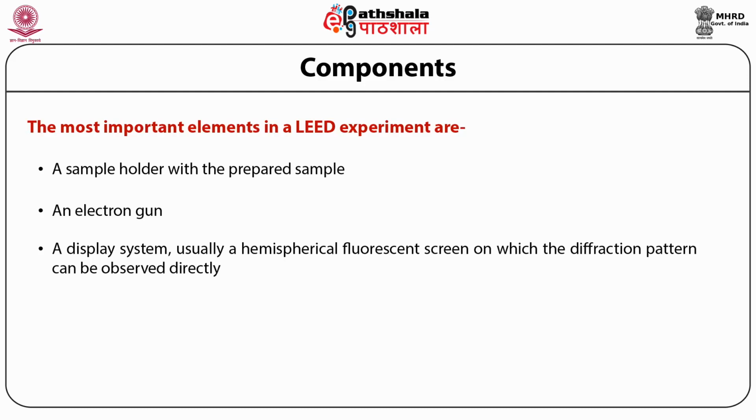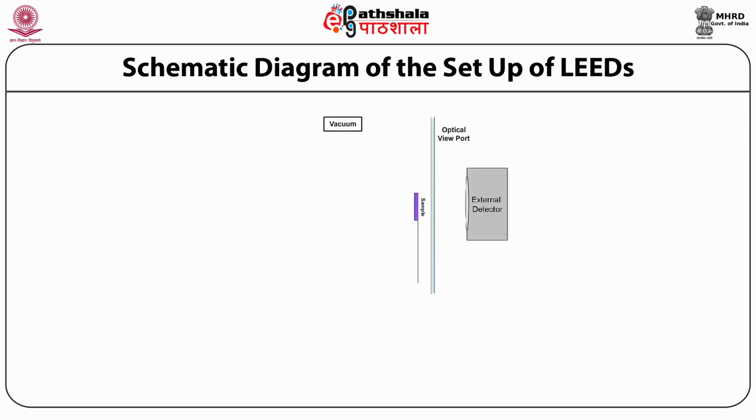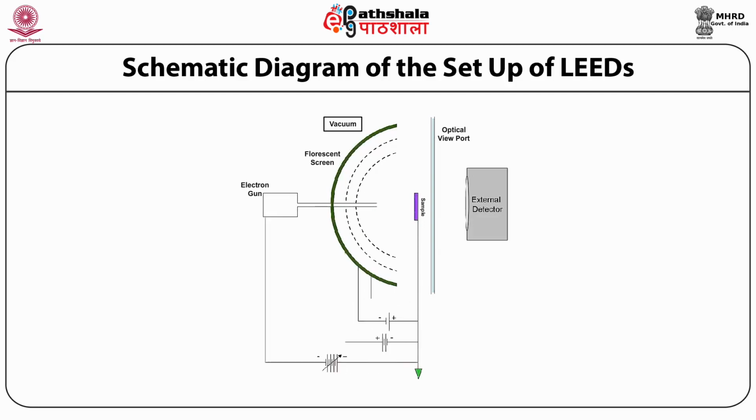Point 4, a sputtering gun for cleaning the surface. Point 5, an Auger electron spectroscopy system. A systematic diagram of the setup of LEED is shown in this slide.